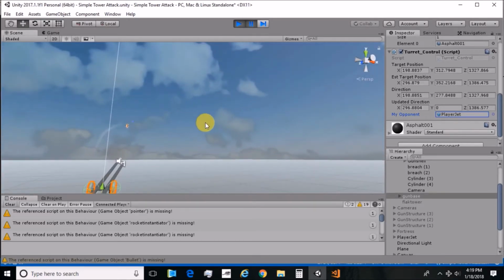It's out there somewhere. And I can also look at the estimated target position. In other words, the math that it's using to estimate where it thinks it's supposed to be when the shell goes off, and sort of see how that compares to where the target actually is and how well my math is working.